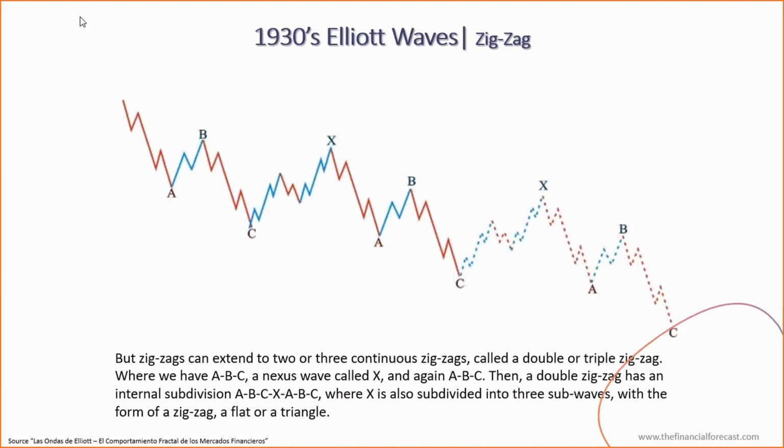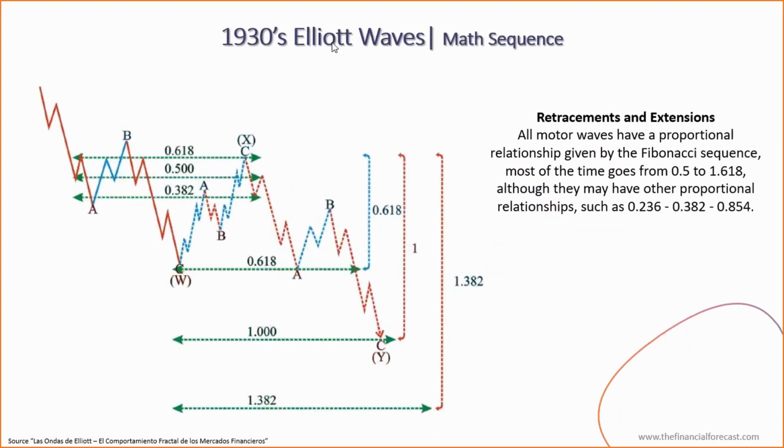That means that we will have a zigzag, in this case labeled as ABC, a connector that is also a zigzag with X, then another zigzag ABC, another connector, and then another zigzag ABC. So that structure that we saw is a very important structure because we will use it in order to identify and to create the different iterations for the simple zigzag.